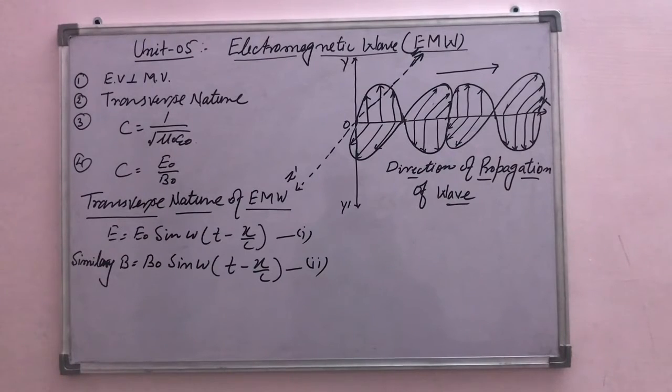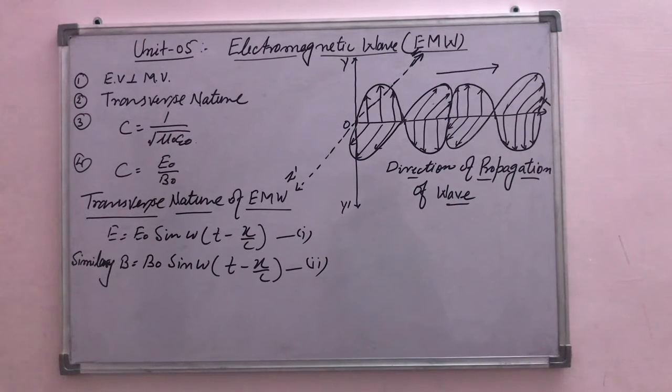The vectors which are drawn inside the wave parallel to the y-axis, up and down, are known as the electric vector. This shows the time varying electric field. And the other vectors, which are parallel to the z-axis, are the magnetic vector.